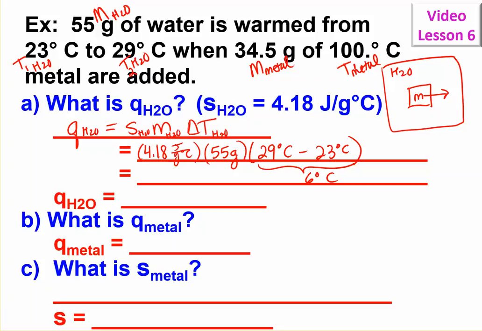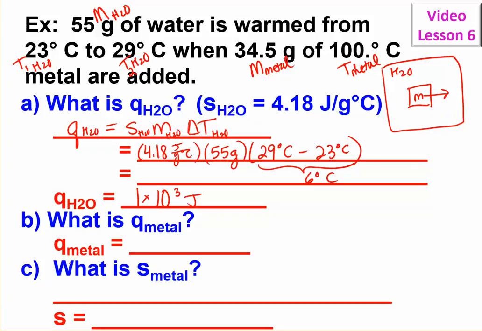And so if I skipped that, I would think my answer would have 2 sig figs. But look at this, it drops down to 1 sig fig. So I'm just going to have 1 sig fig in my answer, which is not very many. But a lot of these end up that way. So watch for that. Okay, so my answer comes out in joules. So that's how much heat the water absorbed based on its temperature change.